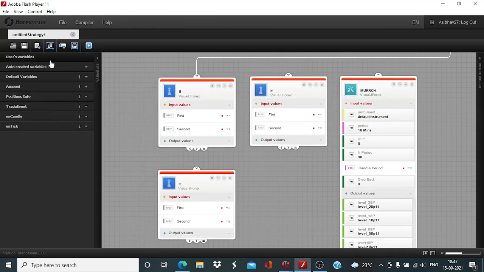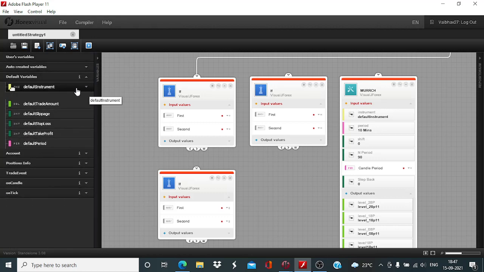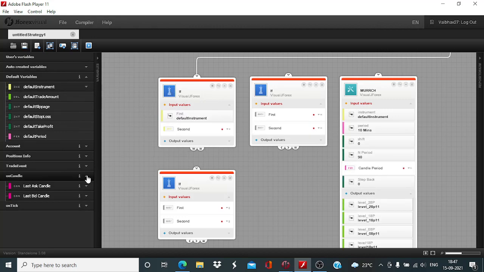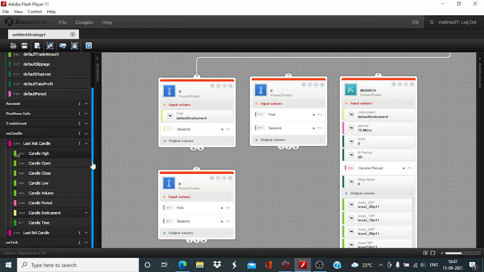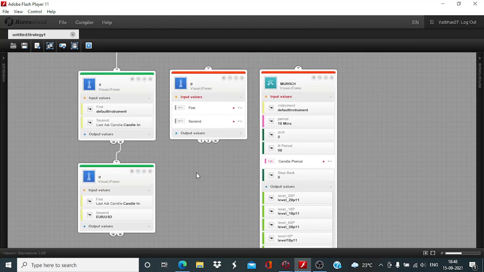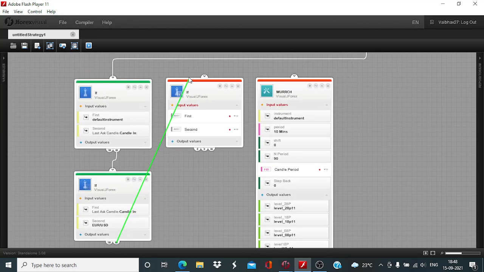This time around we are going to use the Euro USD as the default instrument, so we are not going to carry out any changes to it. And candle instrument will be the instrument of our choice, which is going to be Euro USD. So we have this instrument subscription in place now.